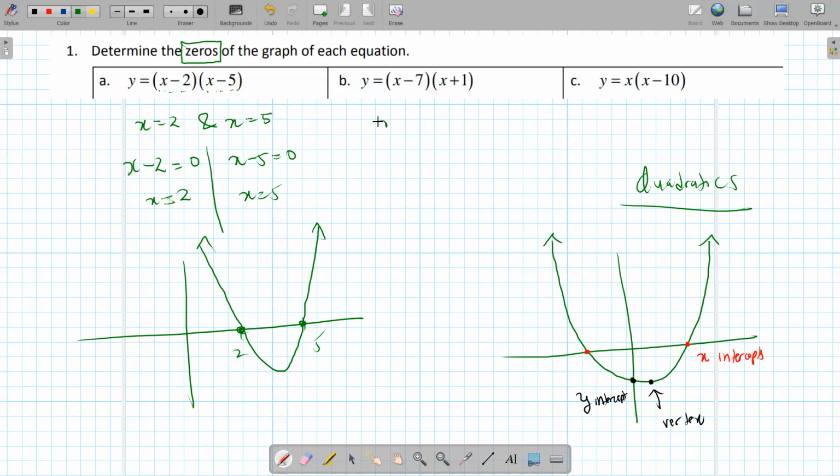Look at this. It's gonna be at 7, because minus 7 becomes positive 7, and plus 1 becomes minus 1. Just flip-flop.